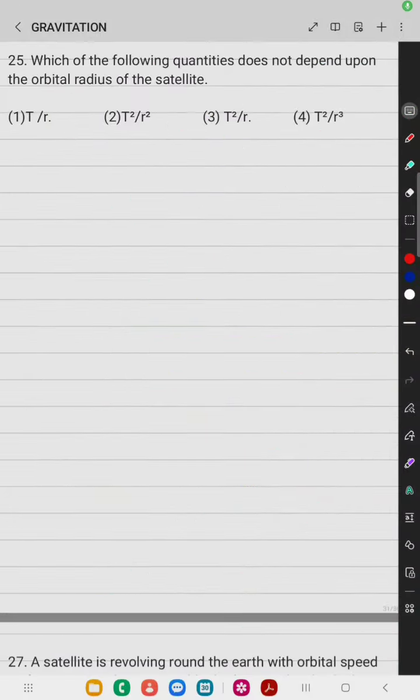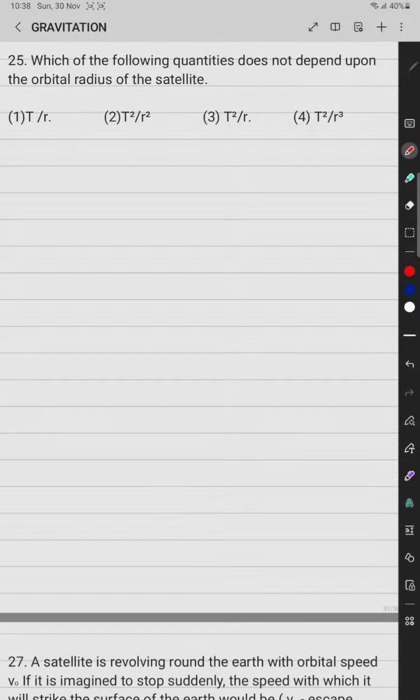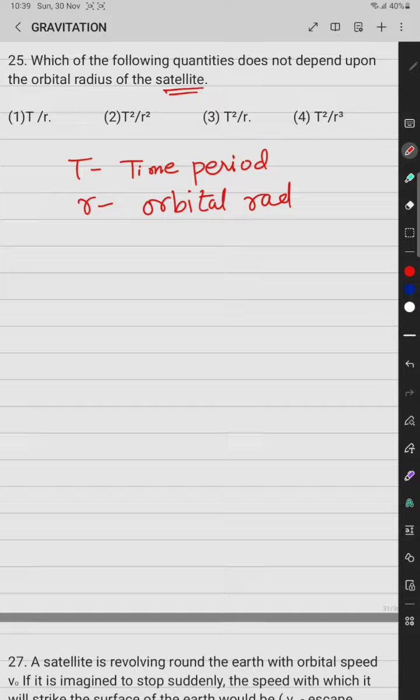In this question, t is the time period of the satellite, and the second thing is the orbital radius, small r. Then which of the following quantities does not depend upon the orbital radius?